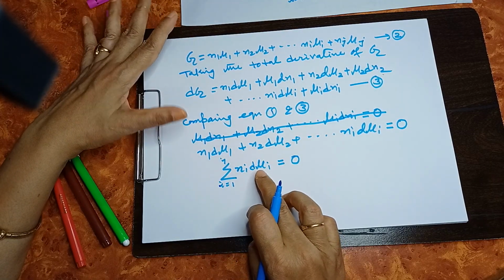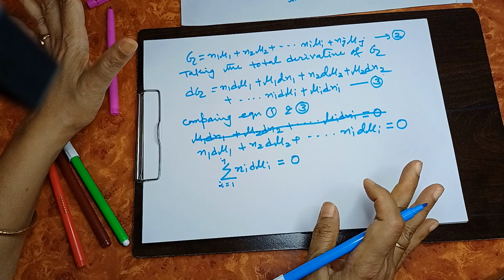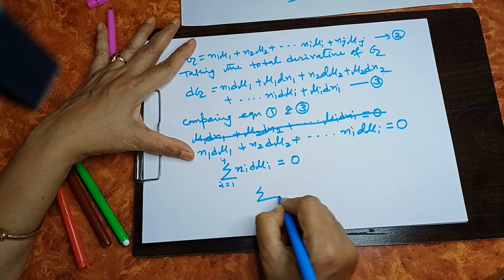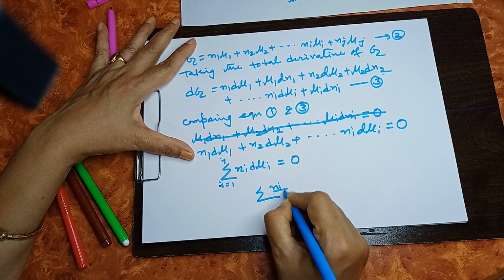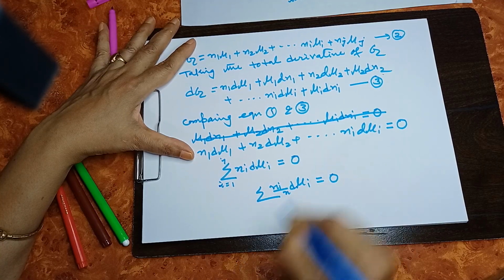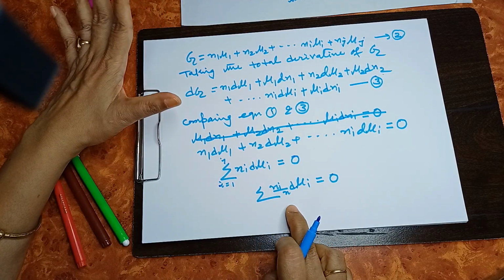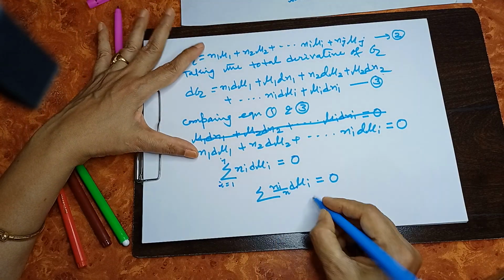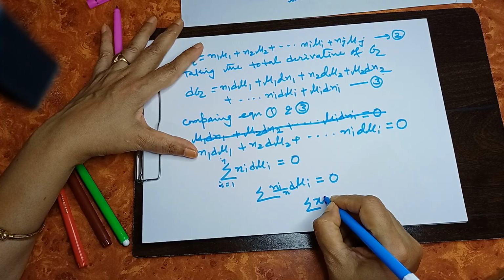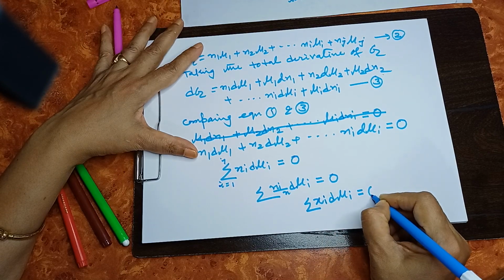Now if I divide it by the total number of moles of all the components, then I can write ni by n d mu i is equal to 0. Ni by n, the number of moles divided by total number of moles, is the mole fraction of the component. So from here I can write xi d mu i is equal to 0.